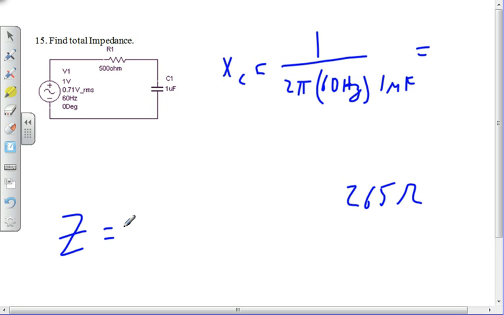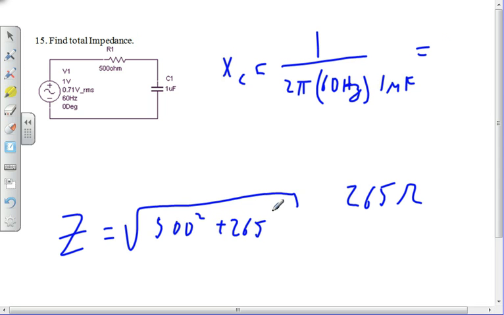Z equals the square root of 500 squared plus 265 squared equals 270 ohms.